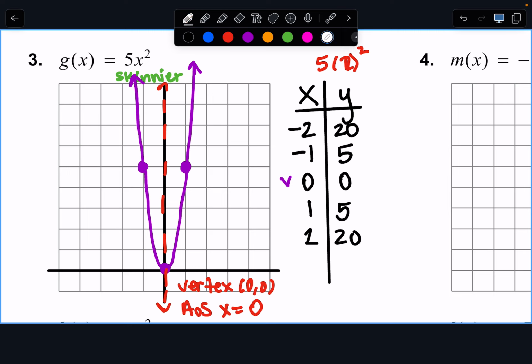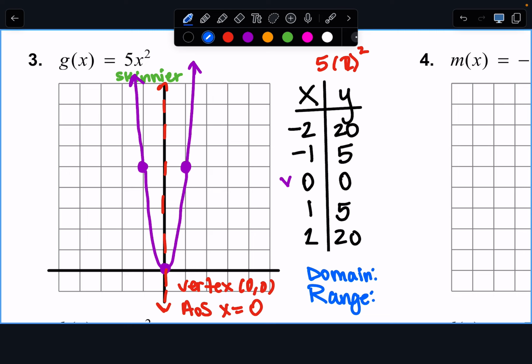Now here's something you haven't thought about in a while. Domain and range. Do you even remember what that means? Domain, I think, is x. Okay, domain is x. So where do we have x values? 0.